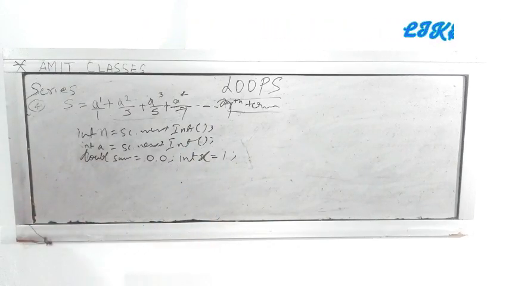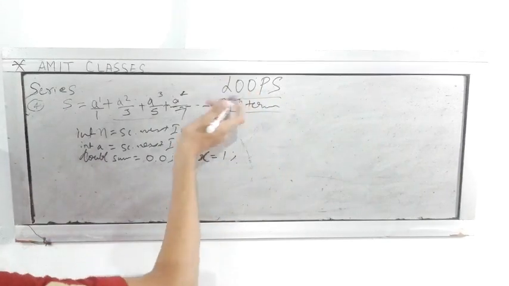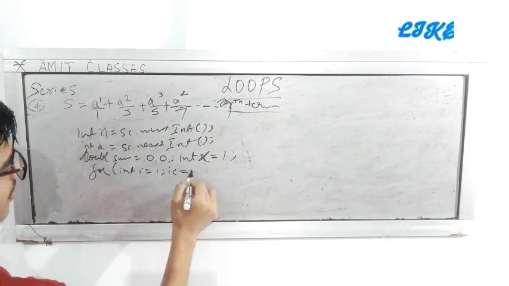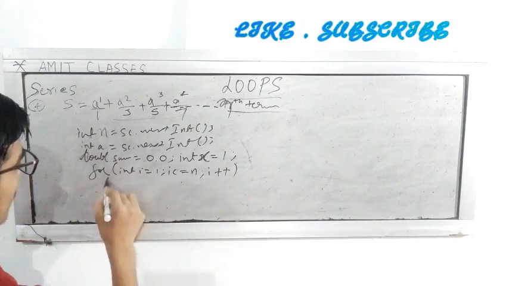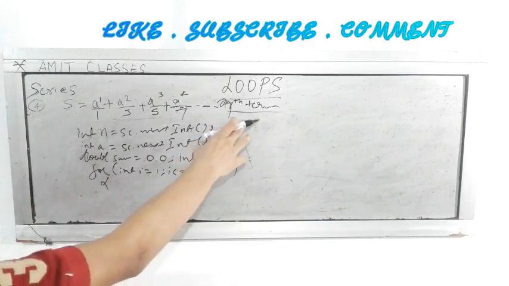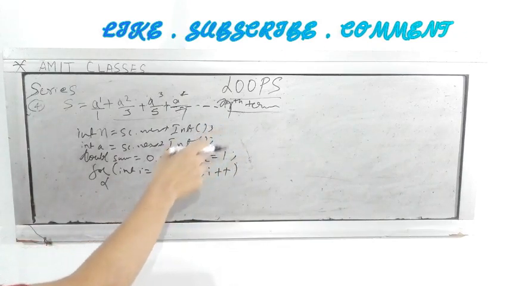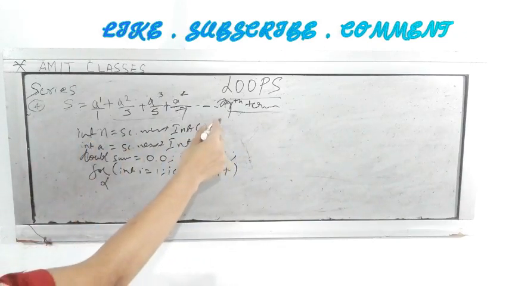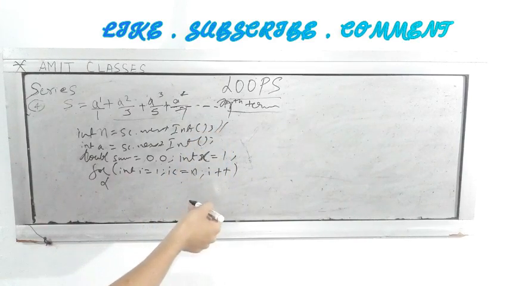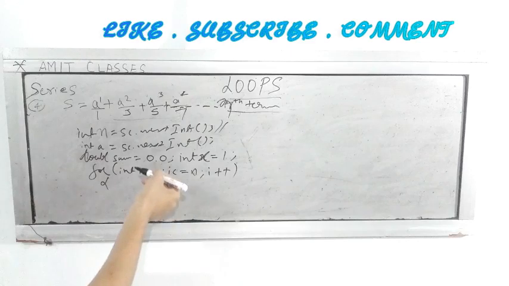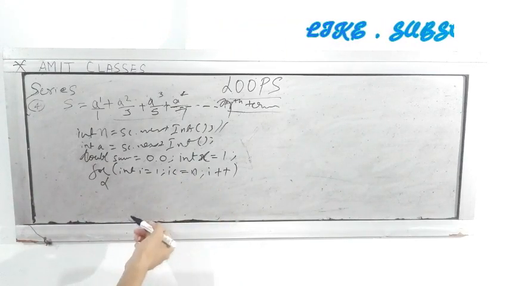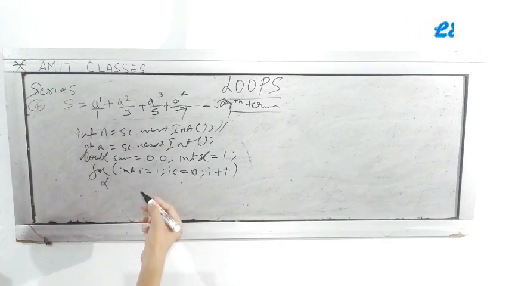Now we know that we are studying loops, so we have to start a loop for int I is equal to 1, I is less than or equal to n, I plus plus. Here n is the number of terms, given by the user. So it will go till n, and then we'll write the next part of this program.